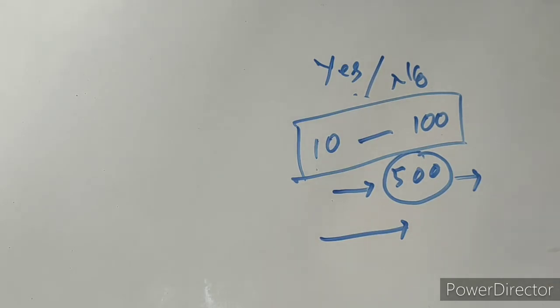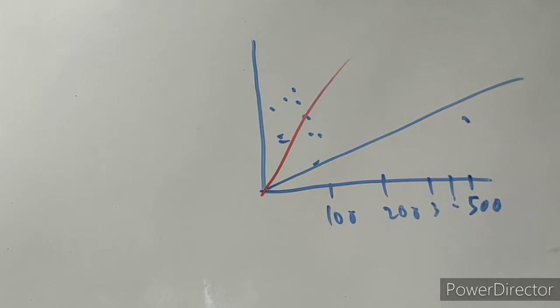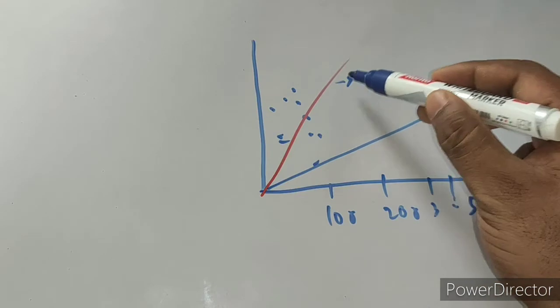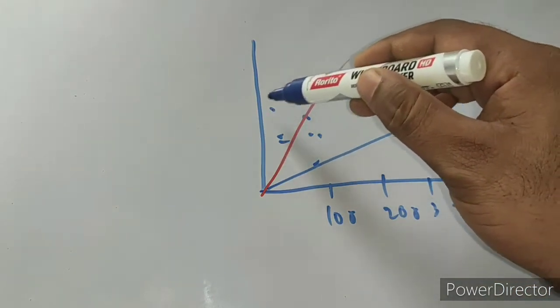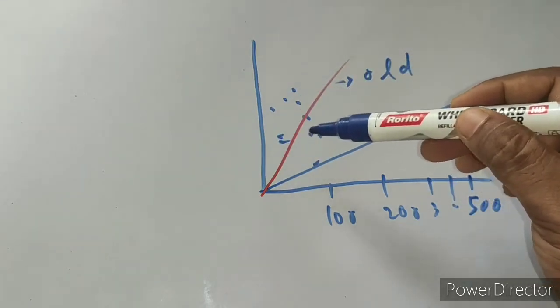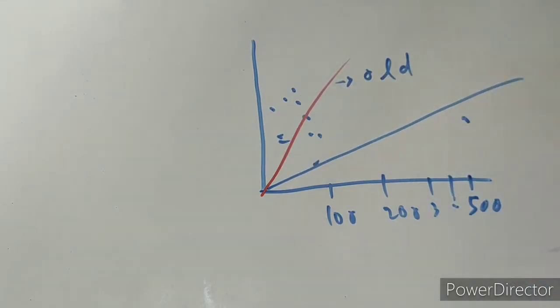So let's check how this outlier is impacting. As we can see on the screen, this was our old best fit line, because all our data is present under 100. So this was our best fit line earlier. But when this 500 came, this one data point, and we search for our best fit line, this new line becomes our best fit line.